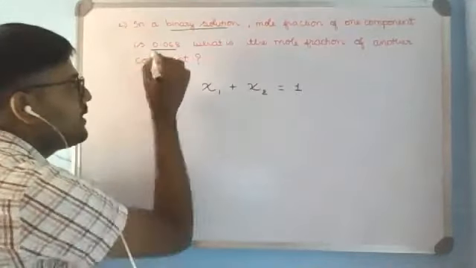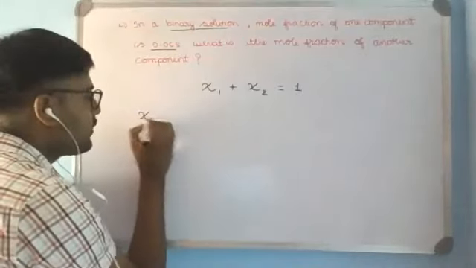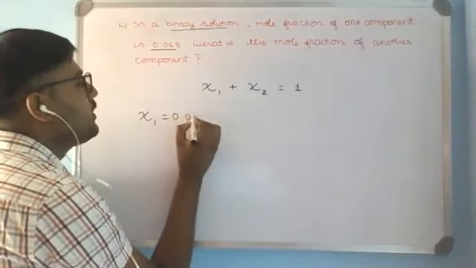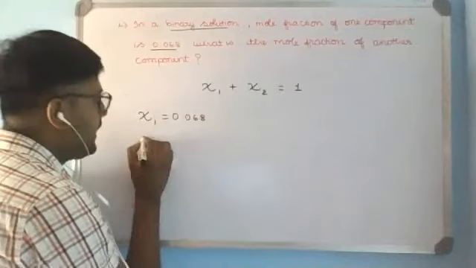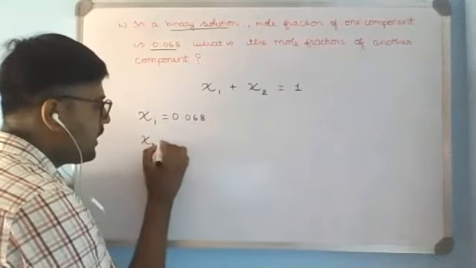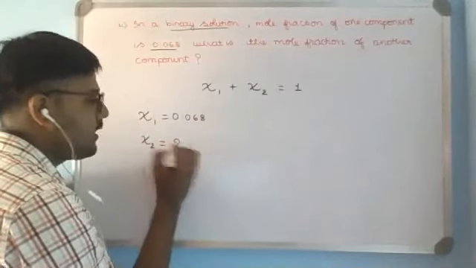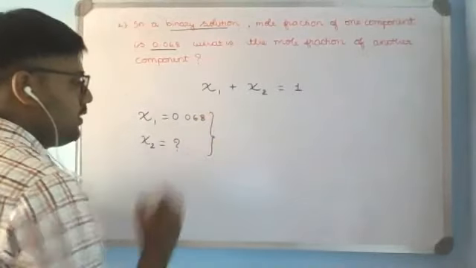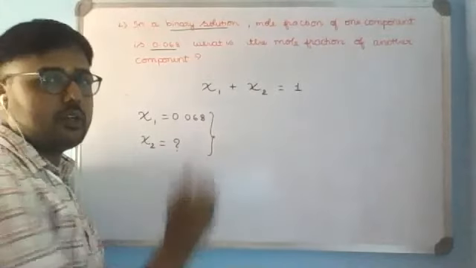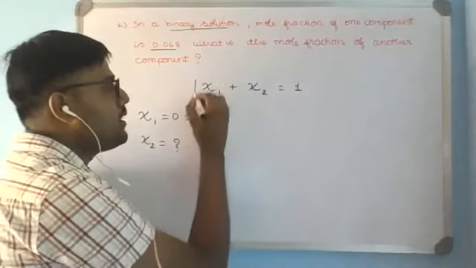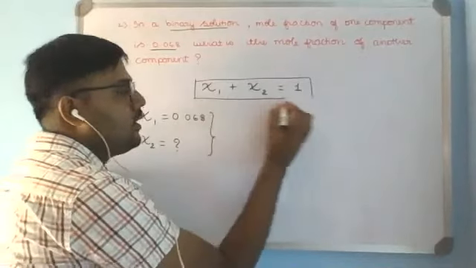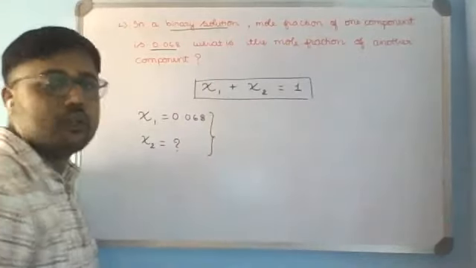We'll consider the given mole fraction as for the first component, that is 0.068. And they're asking what is the mole fraction of another component. We'll consider that another component as 2. Now the first component is known, the second component can be found out by using the relationship that the sum of mole fractions of all components in a solution will always be equal to unity.